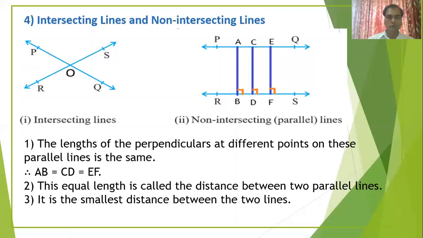This equal length is called the distance between the two parallel lines. The perpendicular distance between the two lines is the smallest distance. So whenever it is asked in a question to find the distance between the two parallel lines PQ and RS, then remember you have to always find the perpendicular distance.